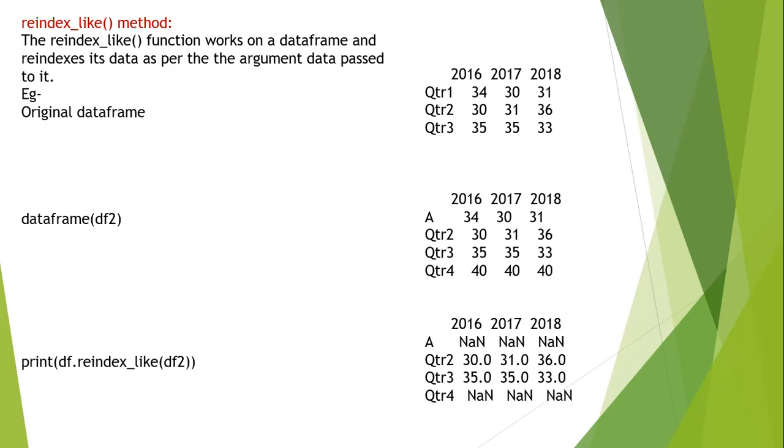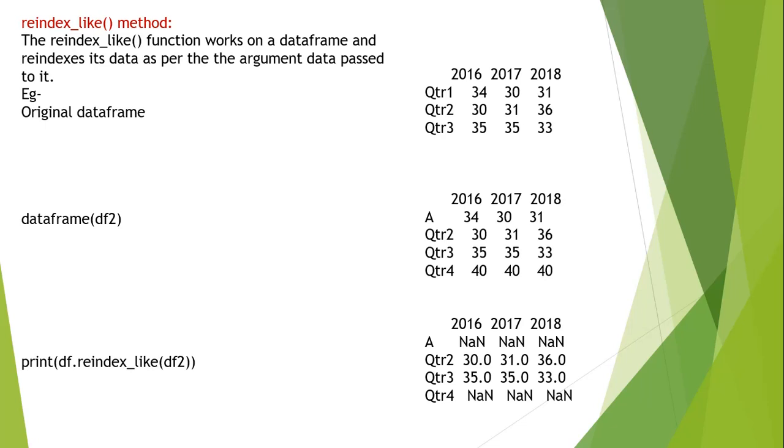Whatever you are going to give has to be carefully treated, whether you are going to give the original data frame earlier or later on. That means if this had been given like this, print df.reindex_like(df3), then df3 would have to already exist in that particular instance; only then is this reindexing possible.